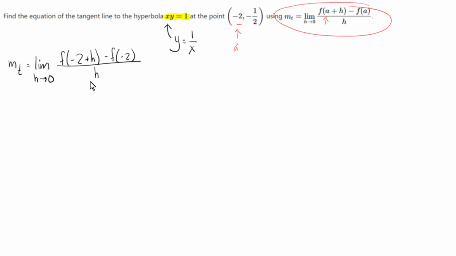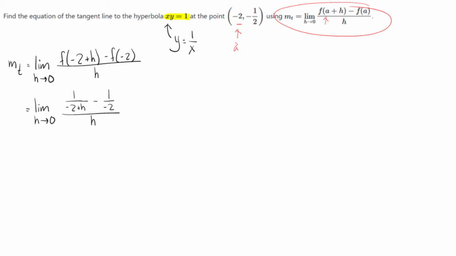So now we're going to substitute in the function, the hyperbola. In the numerator, we're going to get 1 over -2 plus h minus 1 over -2, and that's going to be over h.